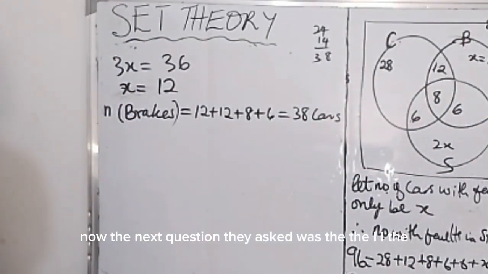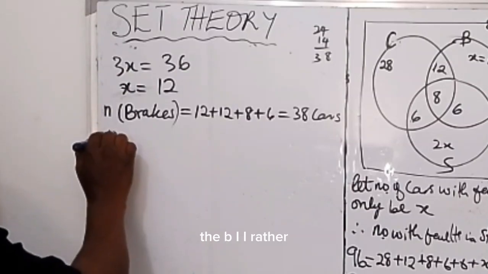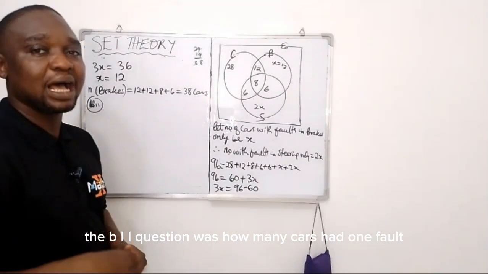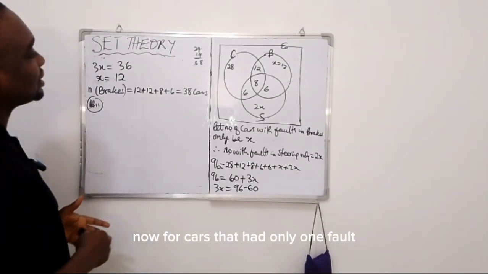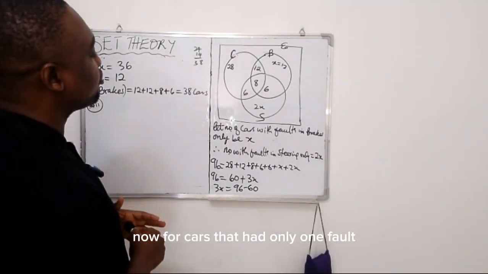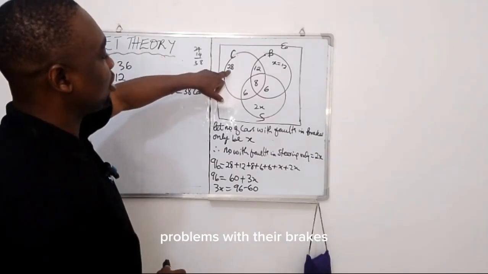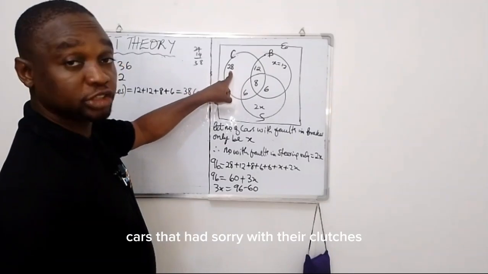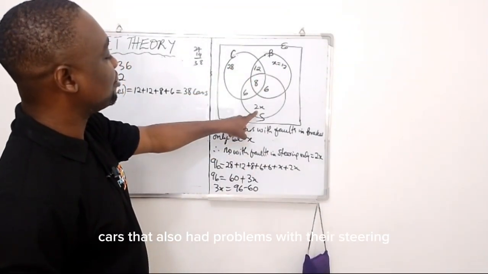Now, the next question they asked was the BII question: how many cars had one fault? Now, cars that had only one fault represent cars that had problems with their brakes only, with their clutches only, or with their steering only.